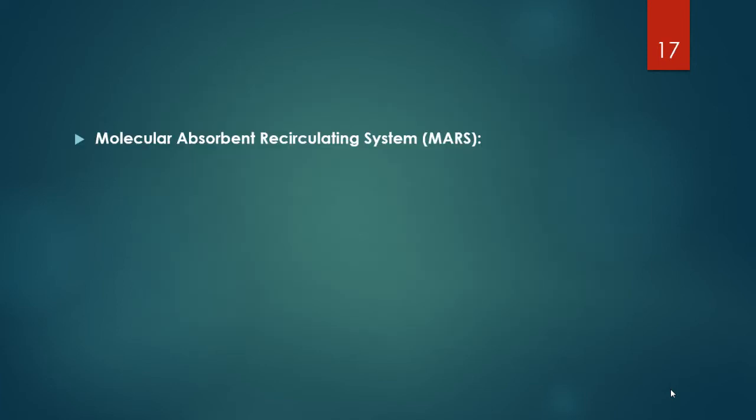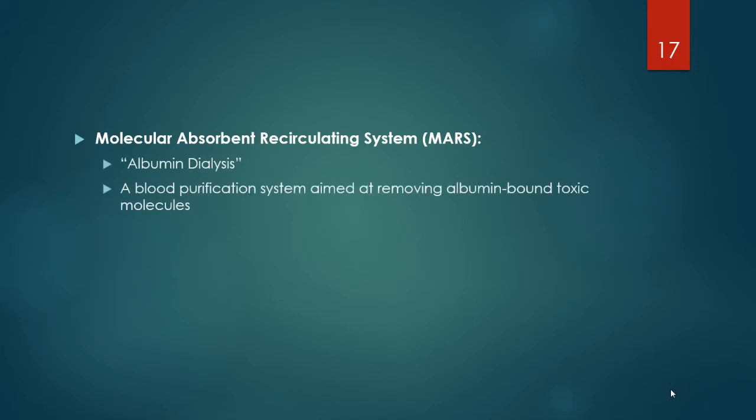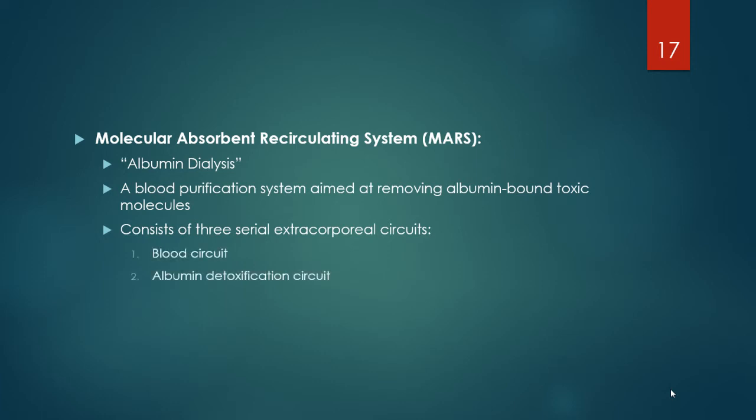But what also, if you guys have heard about the molecular adsorbent recirculating system, another common name that is used is albumin dialysis. Basically, a blood purification system aimed to remove the albumin-bound toxin molecules. It consists of 3 serial extracorporeal circuits: blood circuit, albumin detoxification circuit, and hemodialysis circuit.